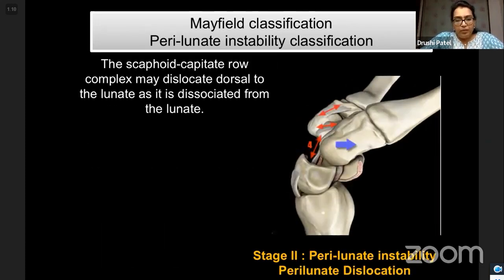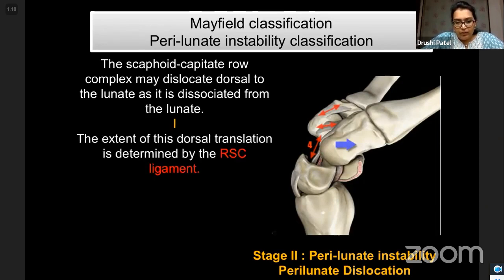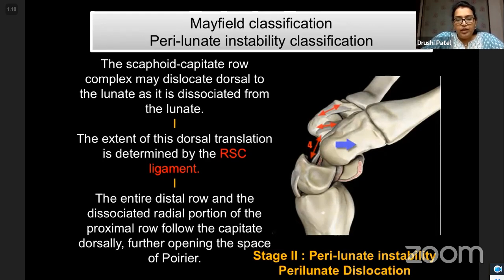Secondly, with the persistent force, the scaphoid-capitate complex may dislocate dorsal to the lunate as it is being dissociated from the lunate. This will depend upon the status of the radioscaphocapitate ligament at the volar aspect. Here in stage 2, the entire distal row is dissociated, and also the radial portion of the proximal row, and it will follow the capitate.